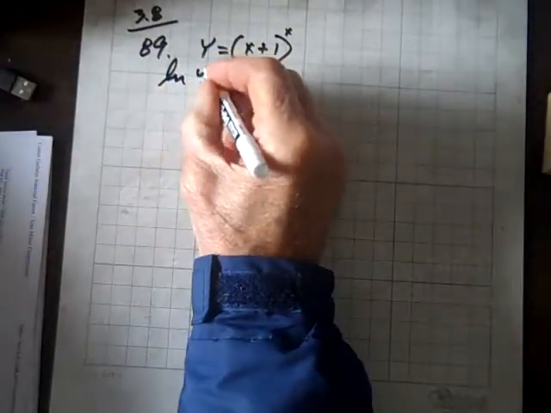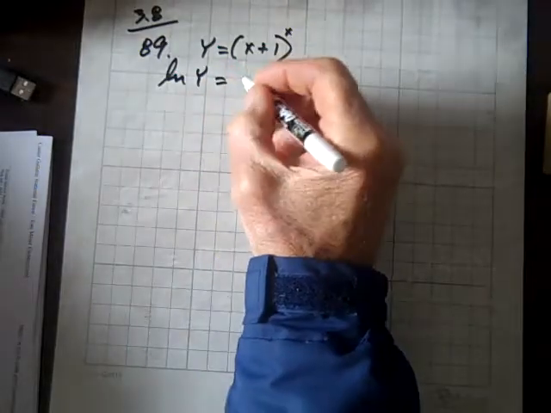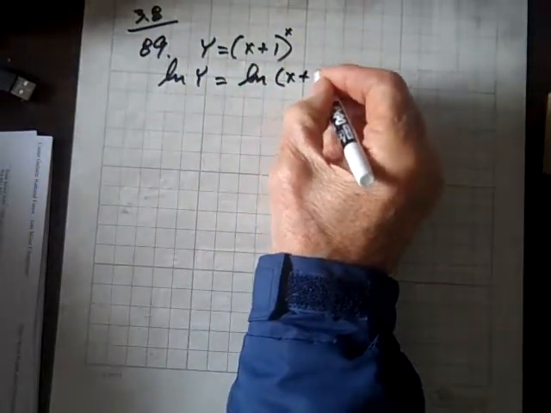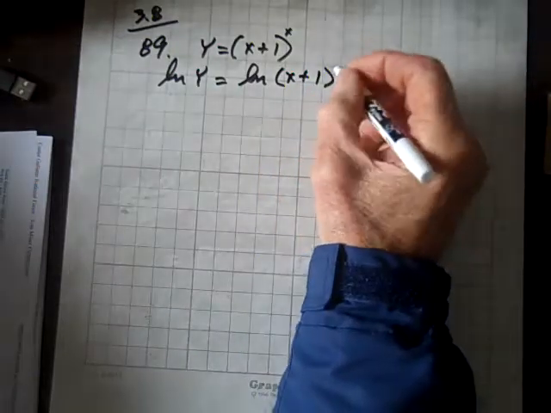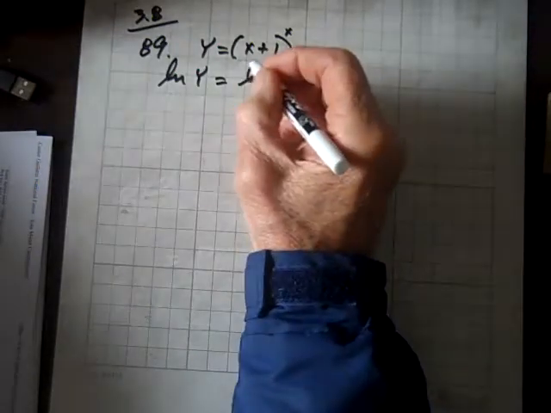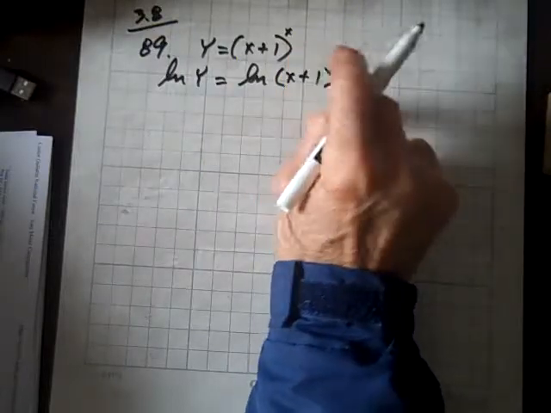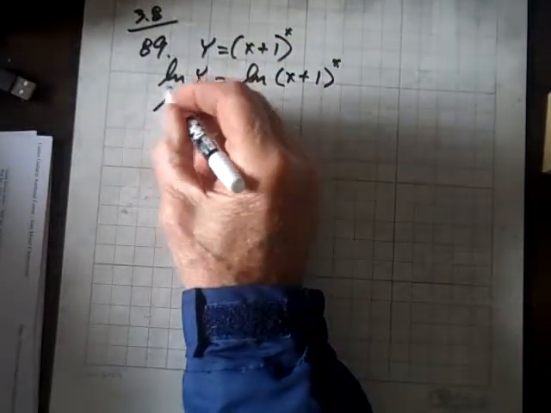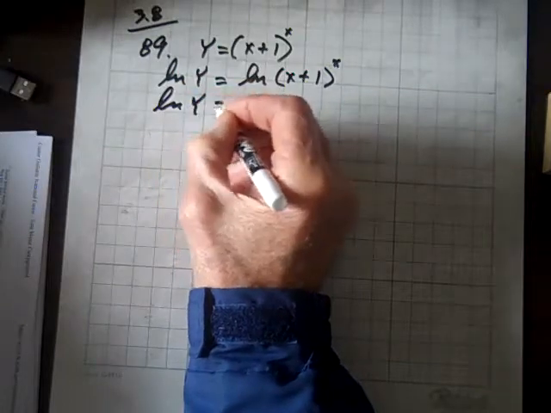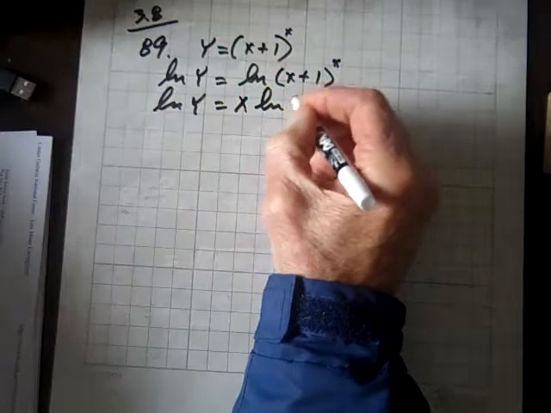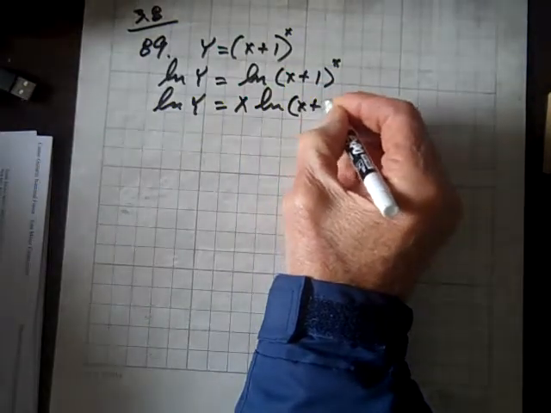I'll use the natural log, and so we have ln of x plus 1, that quantity to the x power, and now by the law of logs we can pull that x down into coefficient position, and x plus 1.